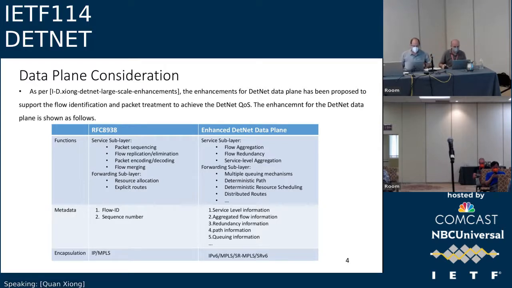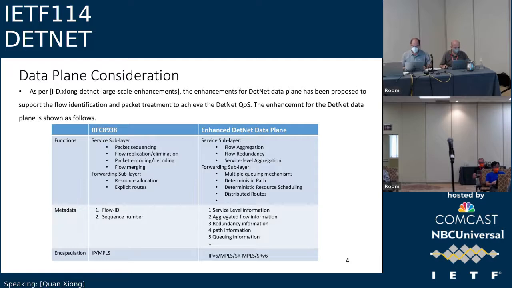Okay, I will continue. So for the data plane consideration, we think the enhancement for the data plane should be shown on the right side. In contrast to RFC 8938, the enhanced treatment functions may be added, such as flow aggregation, flow redundancy, and service level aggregation.